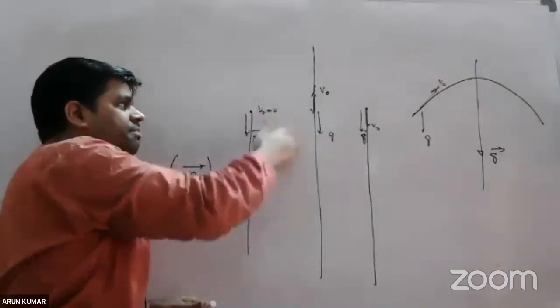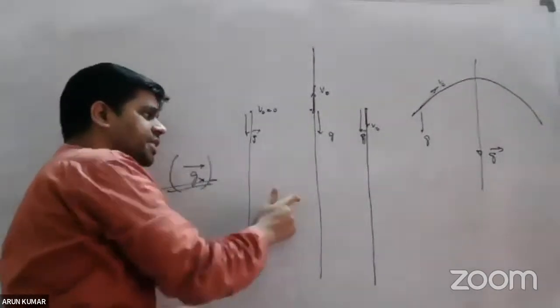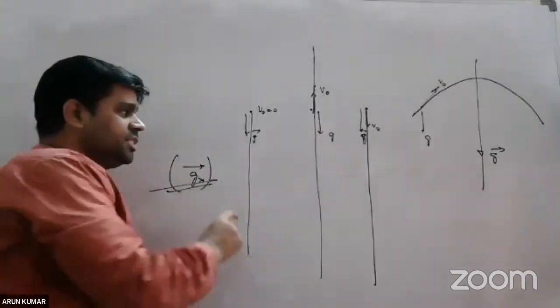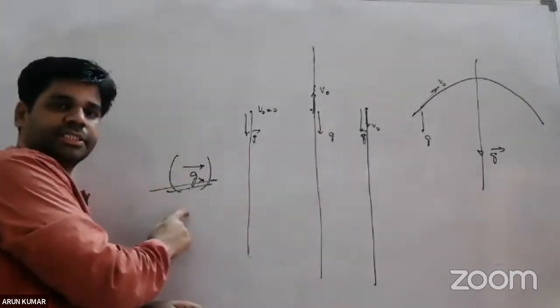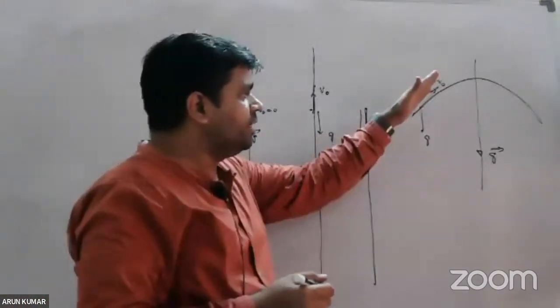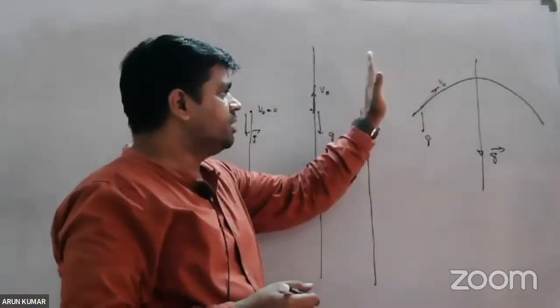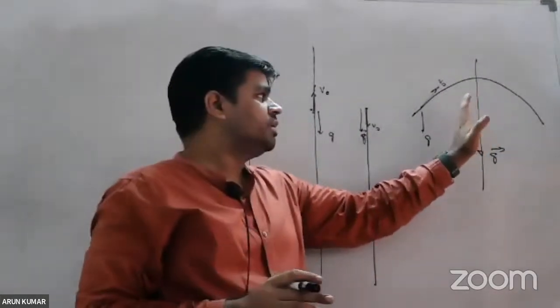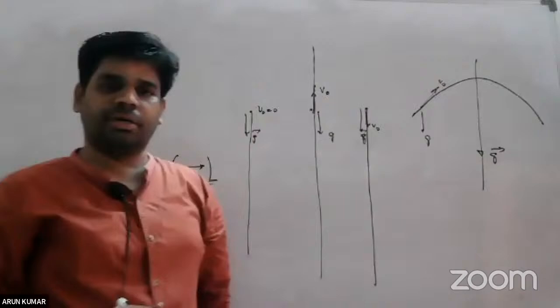If I project a particle vertically upward, it goes up and comes back in a straight line. This also comes in a straight line, with a common property that these straight lines are parallel to gx. If I project a particle at an angle, not vertical, it turns out to be a parabola, a beautiful conic, with an axis parallel to g bar.